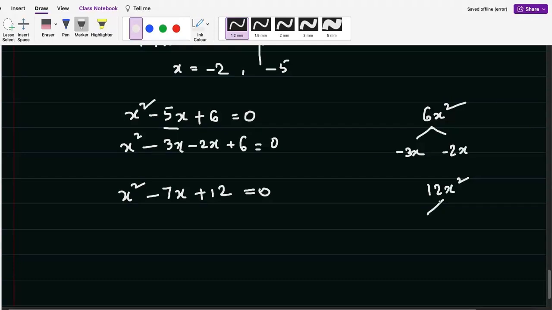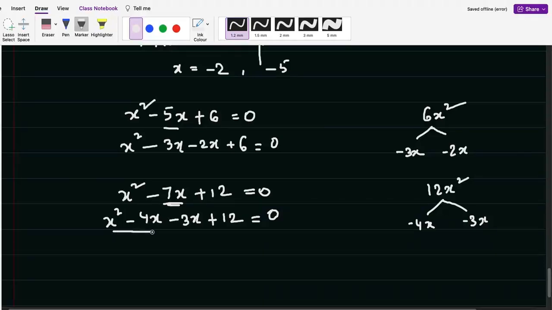If you multiply, you get 12x square, and if you add, you should get negative 7x middle term. How will you get? Simple. 4 3s are 12. Negative 4x, negative 3x. So I am writing x square minus 4x minus 3x plus 12 equal to 0.